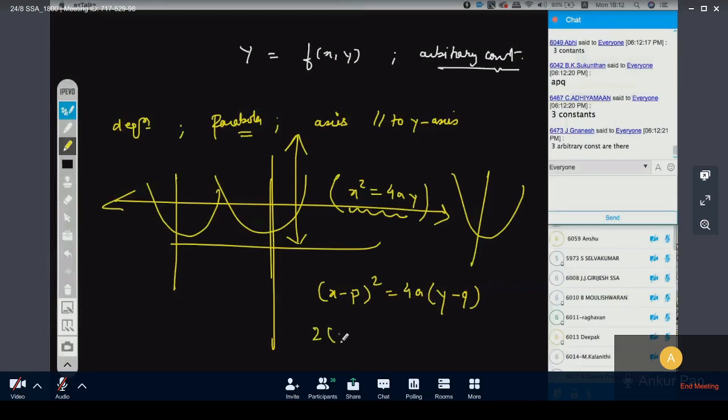First time you will get 2 times (x minus p) equal to 4a y dash. Second time you will get 2 equals 4a y double dash. Third time when you differentiate, you will get 0 equal to y triple dash. Got it?